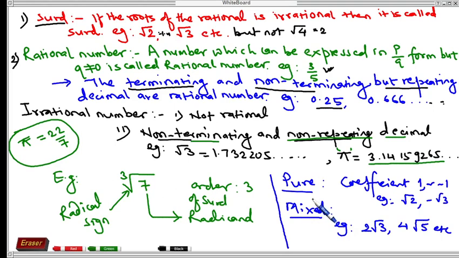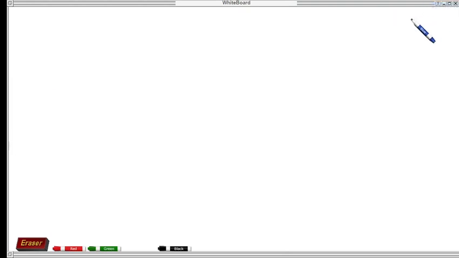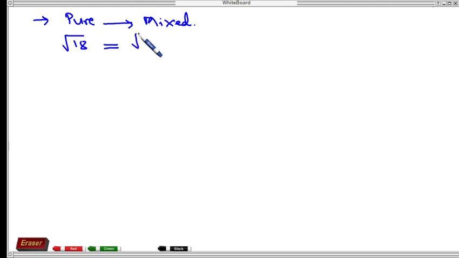Now, how to express a pure surd as a mixed surd, that is to be discussed. Suppose we are given a pure surd and we have to convert it into a mixed surd. For example, we are given root 18, this is a pure surd. Then we have to find the factors of this. 18 is 3 times 3 times 2, which equals 3 root 2.